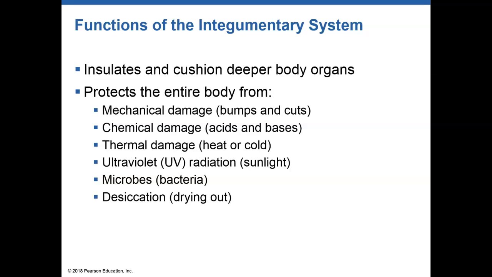It protects us from chemical damage too because it is a waterproof barrier. It is impermeable to most chemicals. It protects us from thermal damage, heat and cold. First, heat from UV radiation: we have melanocytes that give us a natural sunblock, and those melanocytes protect us from ultraviolet radiation.